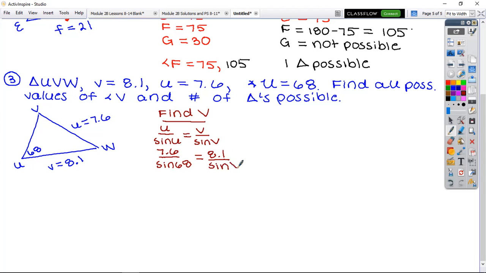Do we need to use the second key for this problem? Yes, because the angle is unknown. I'm going to cross multiply, getting 8.1 sine of 68 equal to 7.6 sine of v. Divide that over and do second sine in your calculator.